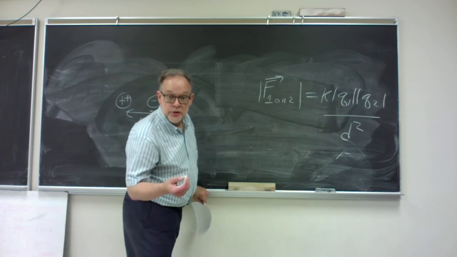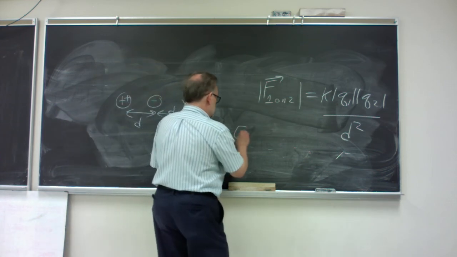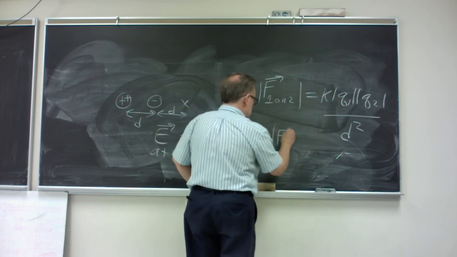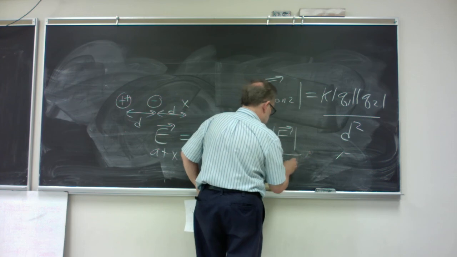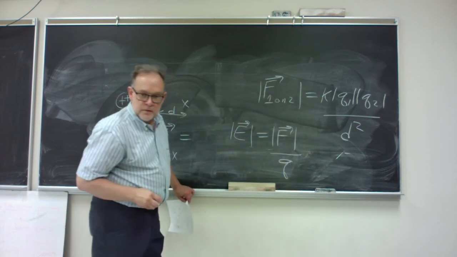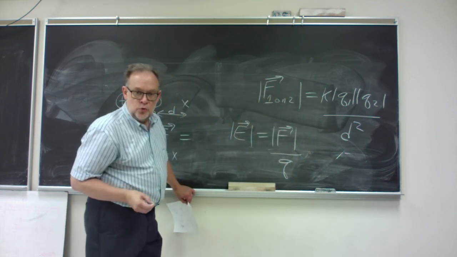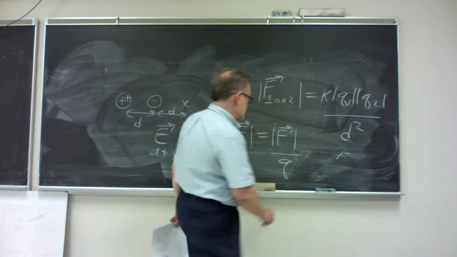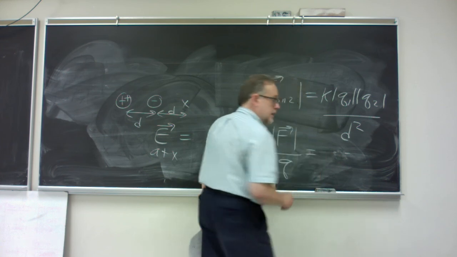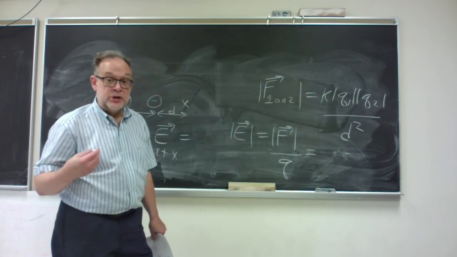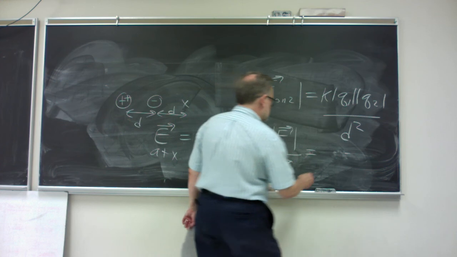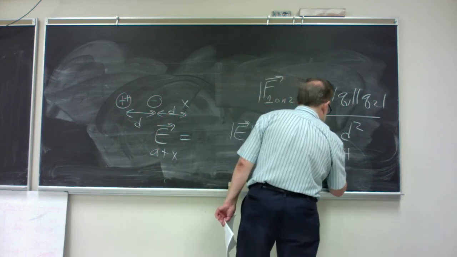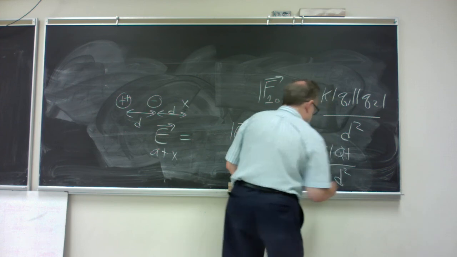That doubles the strength of the field, because the magnitude of the field is just equal to the magnitude of the force divided by Q, the probe charge, the thing that is feeling forces and fields. And in the case of a field caused by just 1 unit of charge, it's K times the magnitude of the source charge over d squared.